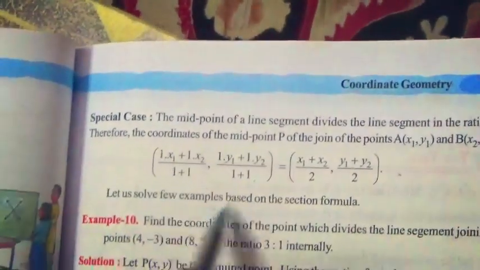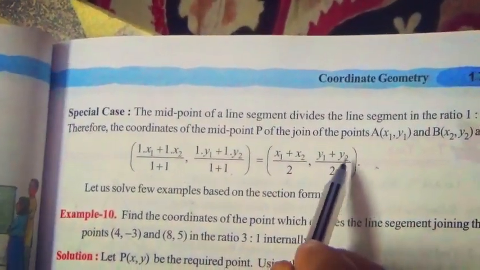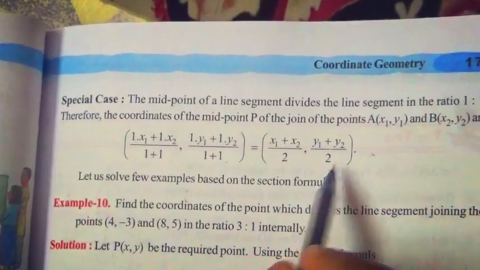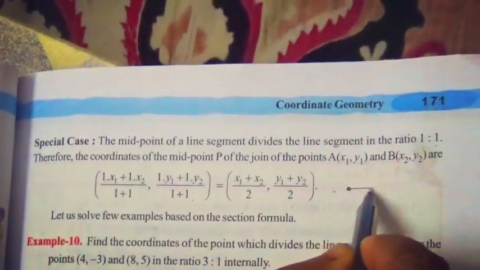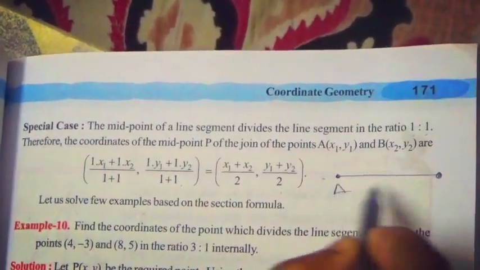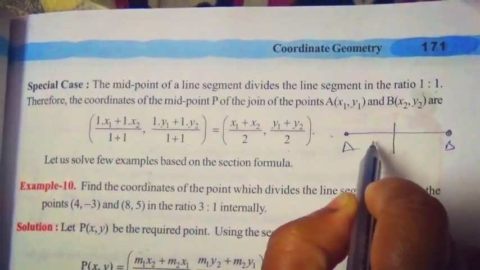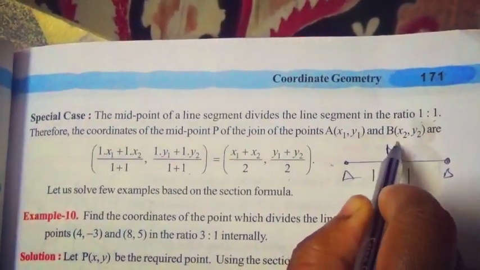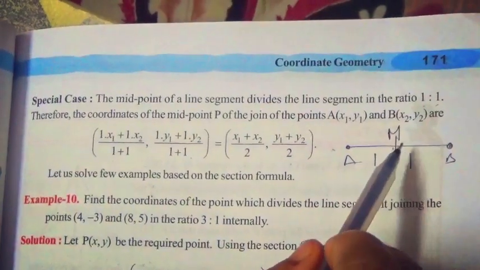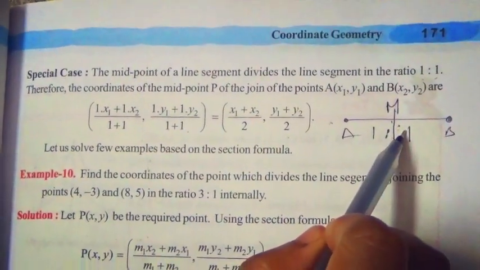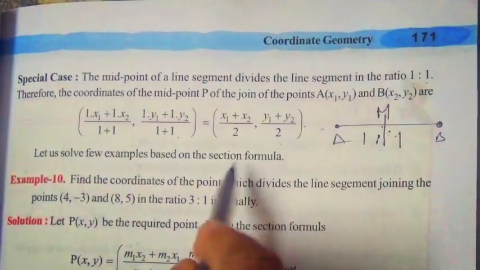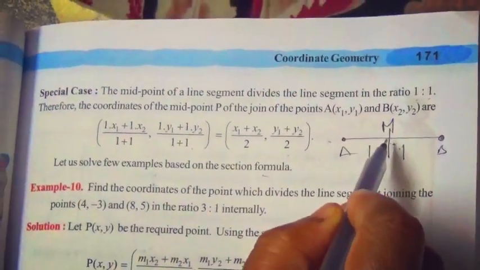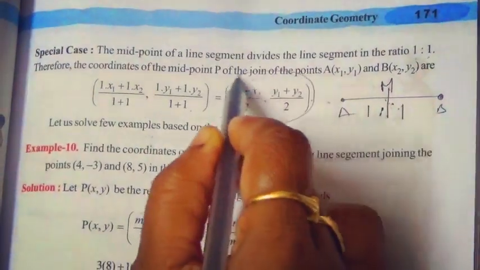Hence the equation becomes x1 plus x2 by 2, y1 plus y2 by 2. That means the line which divides equally, 1:1 means the line AB is divided equally. That's why it is a 1:1 ratio. Hence we call it the midpoint. It is a special case of the section formula, the midpoint formula.